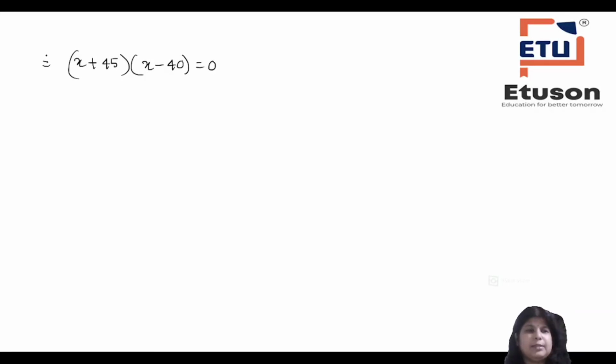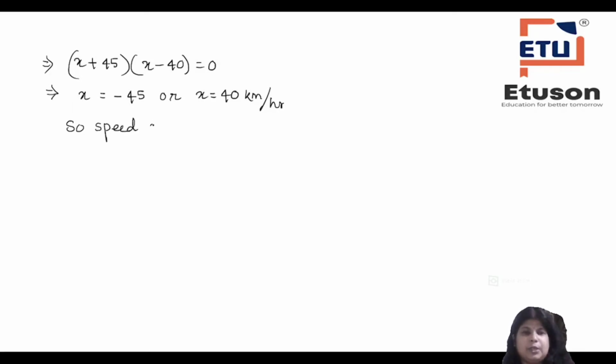So from this you can write down that either x is equal to minus 45 or x is equal to 40. So this minus 45 we cannot consider. So x is equal to 40 kilometer per hour because we have assumed that x is the speed of the train. So speed of the train is 40 kilometer per hour, correct?